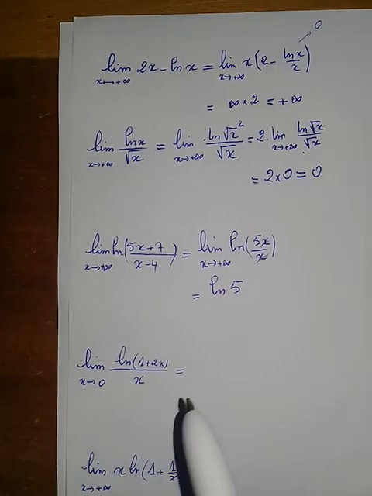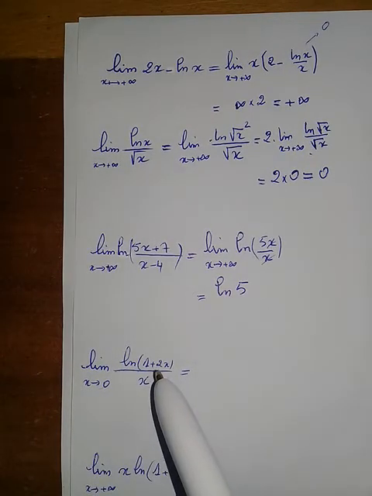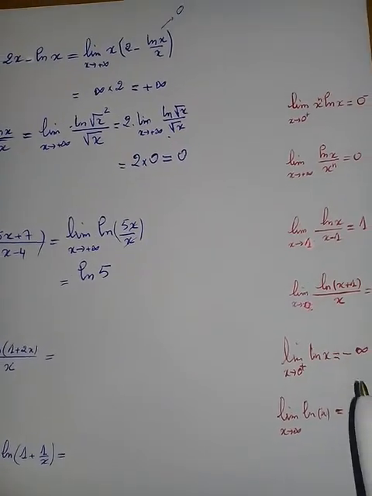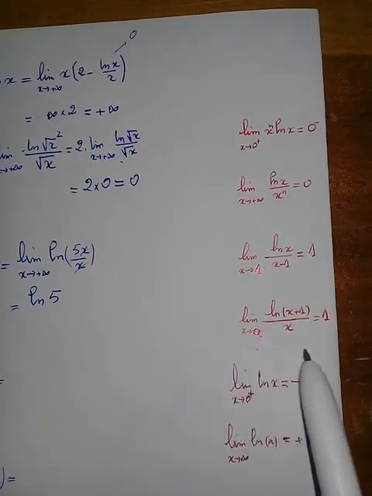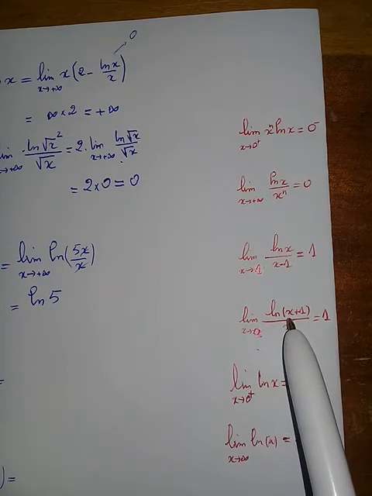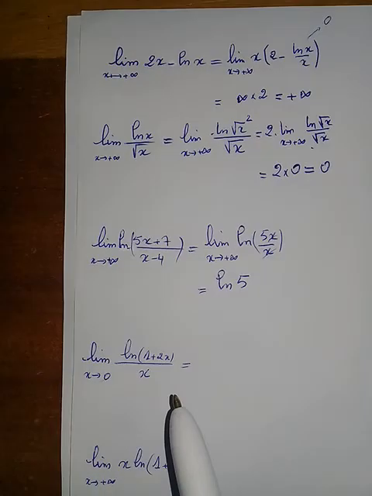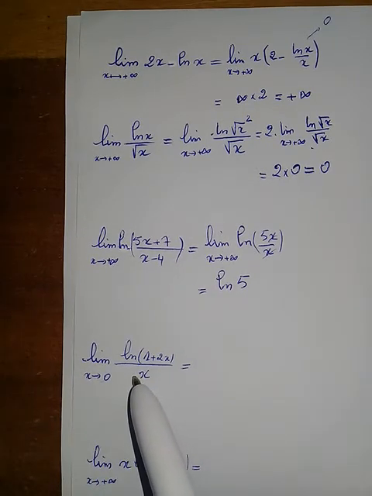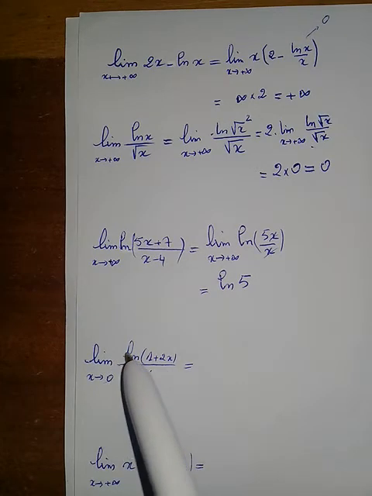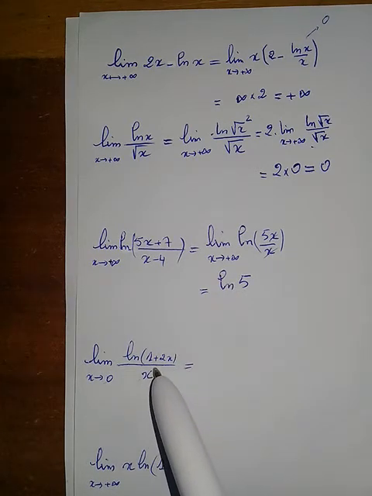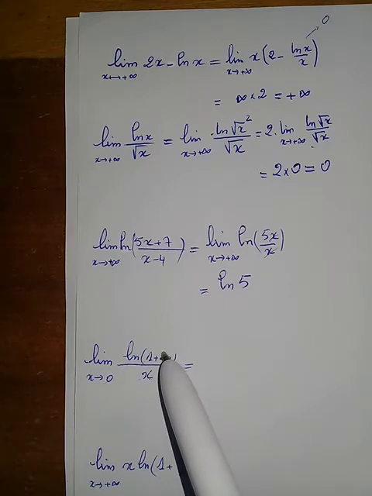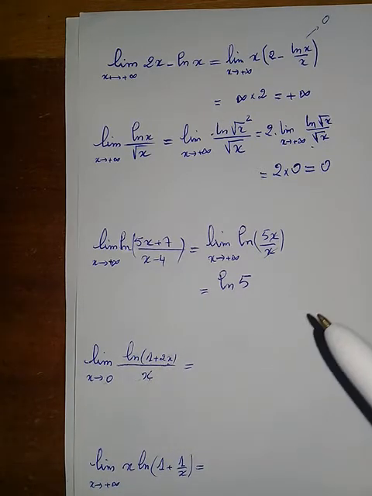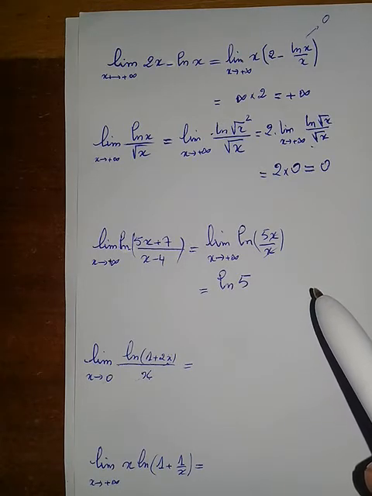Next one: the limit when x goes to 0 of ln(1 plus 2x) over x. This reminds us of this one, but instead of having x, we have 2x. So if we multiply by 2 at the bottom and then by 2 at the top, we can get ln(1 plus 2x) over 2x and put 2x as y and substitute.